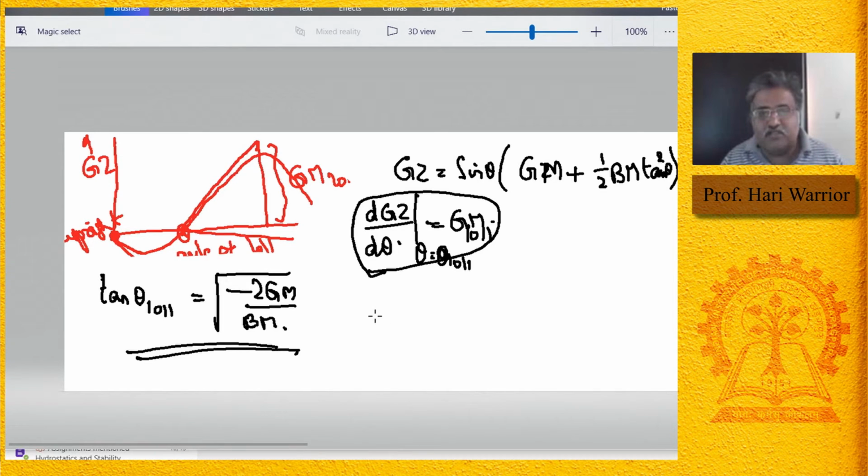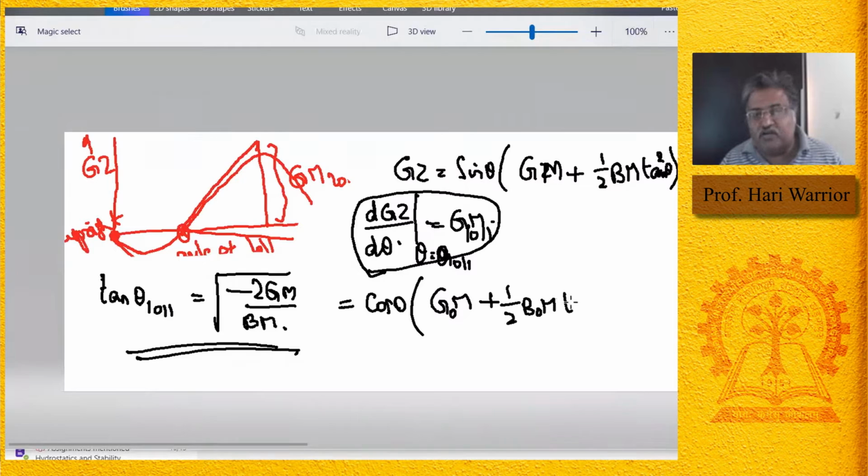So now this we can do very easily. We have to do dGz by d theta. When you do d by d theta of this thing, you use the by parts method. So cos theta into G0M plus half B0M into tan square theta, plus sine theta becomes constant.